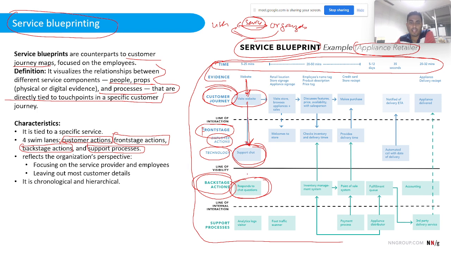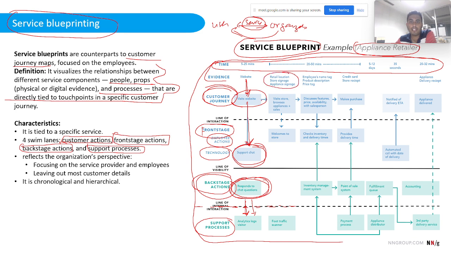In case those chats need to be stored or recorded for future purposes, then you again have support processes at the back end where you analyze the information, the traffic of a particular user. These are very internal, and not often visible to the customer at the surface level.